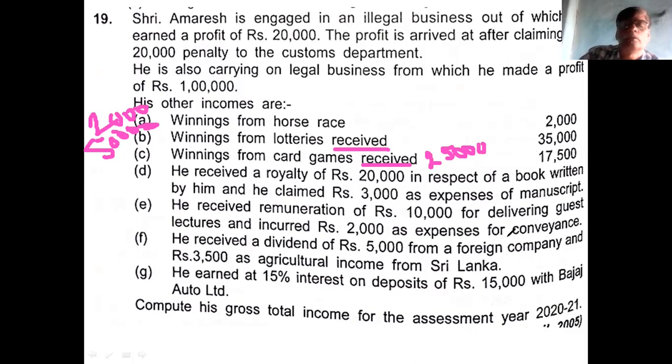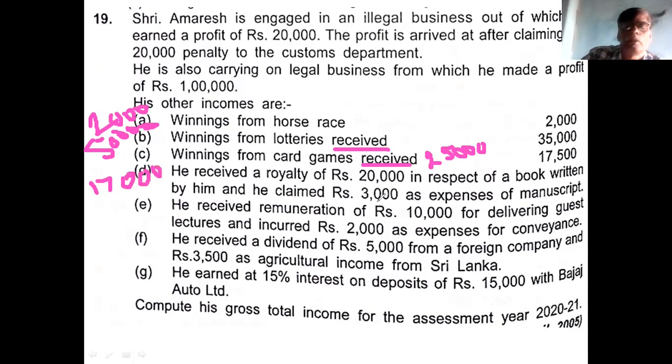Okay, this is 25,000. Then he wrote a book. He received royalty rupees 20,000 in respect of the book. That is 3,000 is the expense. So 20,000 minus 3,000, its answer is 17,000. D point answer is 17,000.